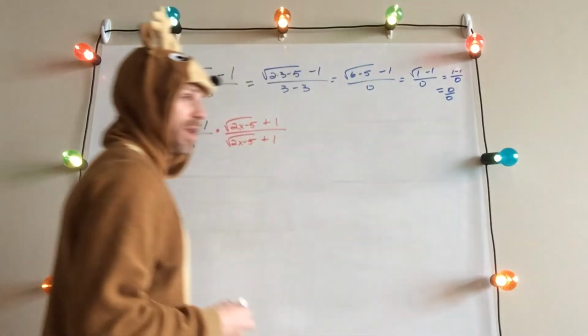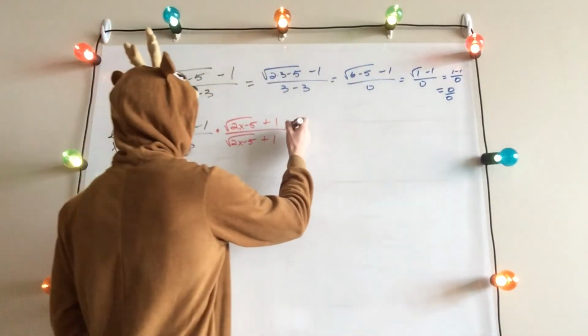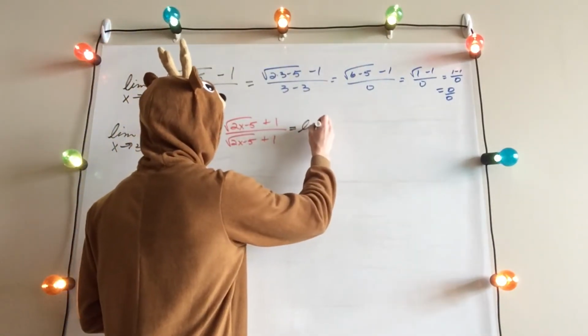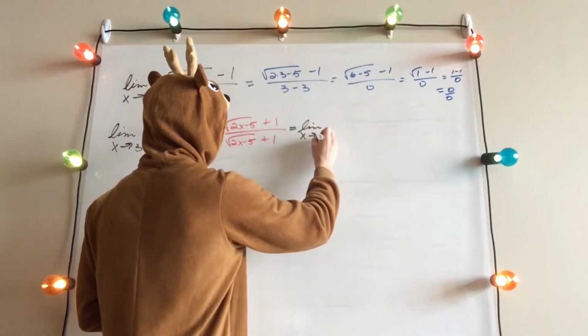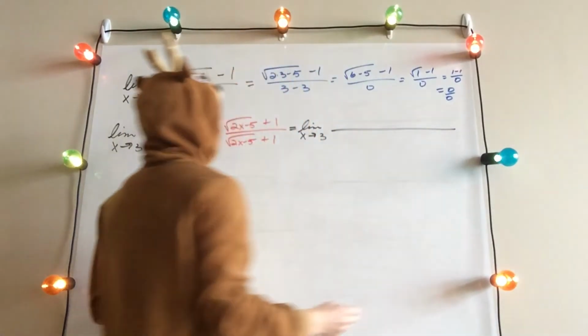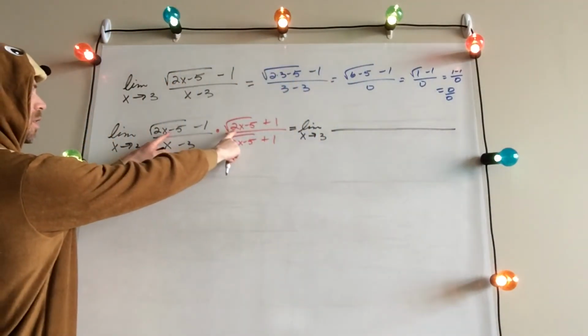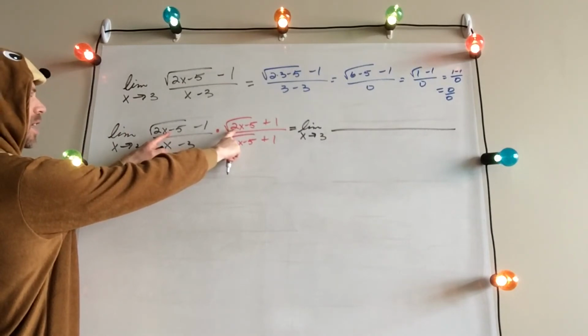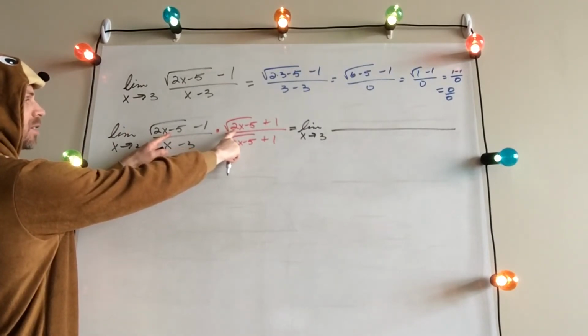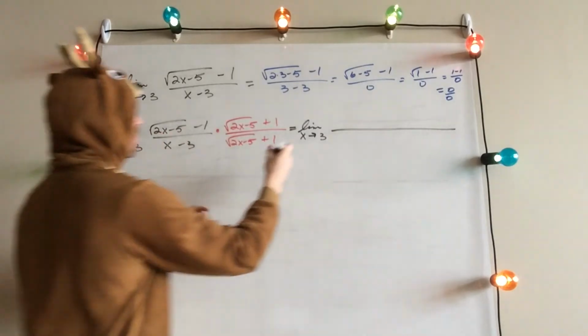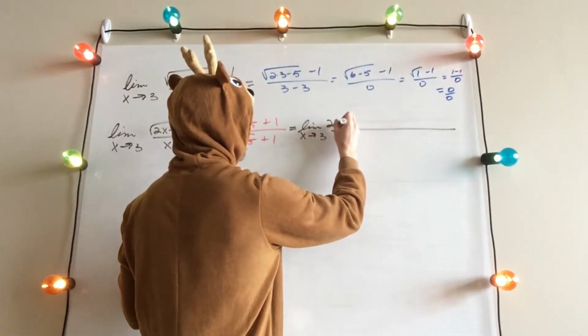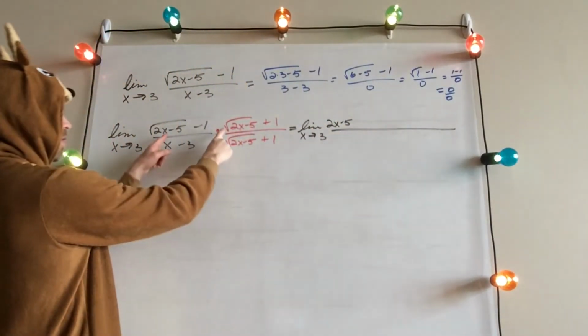So we'll FOIL again. Alright, first, so we're multiplying the radical times itself, so that's going to get rid of the radical and leave us with just what was inside, 2x minus 5. That was the first.